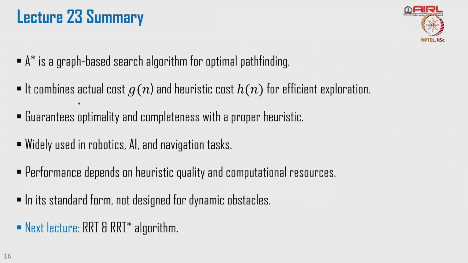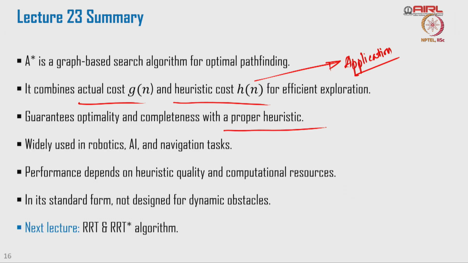A star is a graph based search algorithm for optimal pathfinding, that is how we can summarize it. It combines actual cost g(n) and heuristic cost h(n). h(n) can take different forms depending on the application. Based on that, the heuristic should be designed in an admissible way. It can guarantee optimality and completeness if a proper heuristic is designed, and it is widely used in autonomous vehicle navigation.